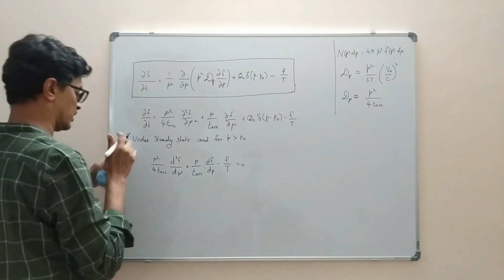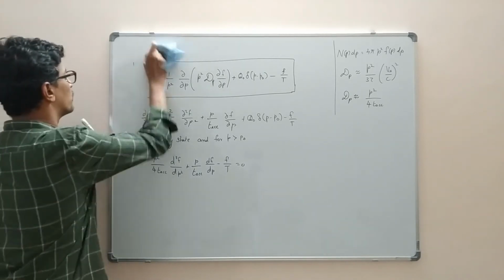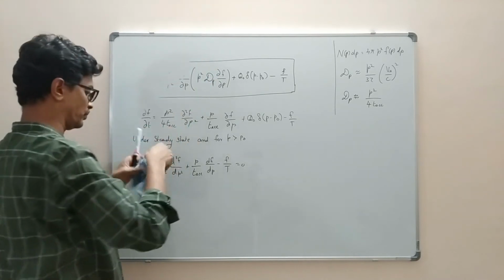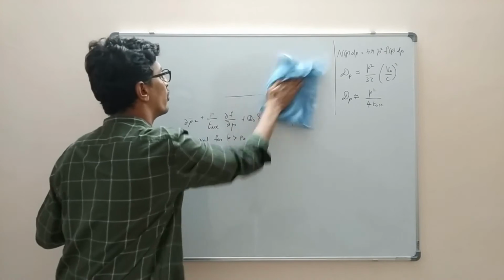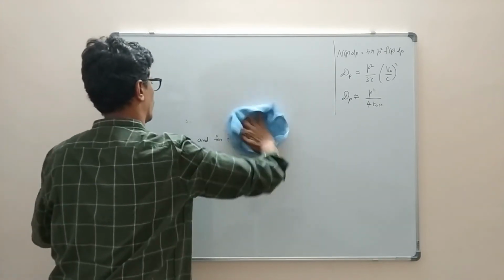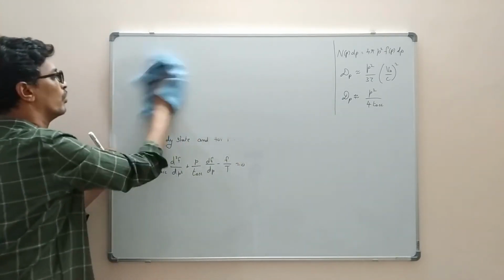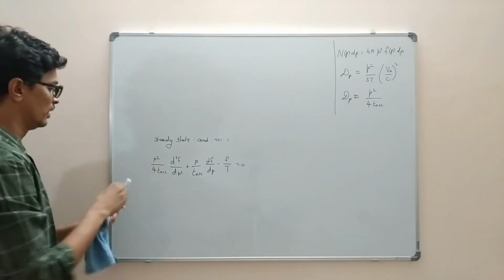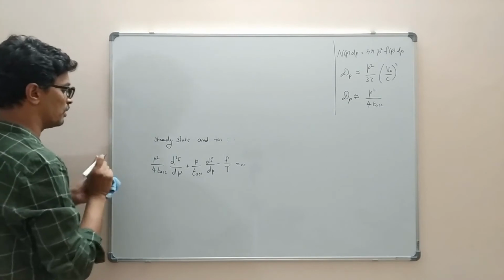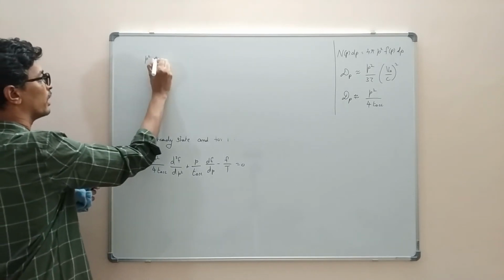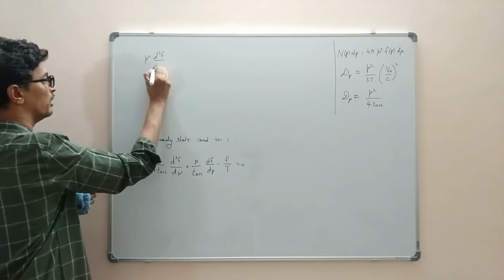So let us do a bit more of this. What we will do is multiply by 4 TACC everywhere. Then this equation is going to become P square d square F by dP square.